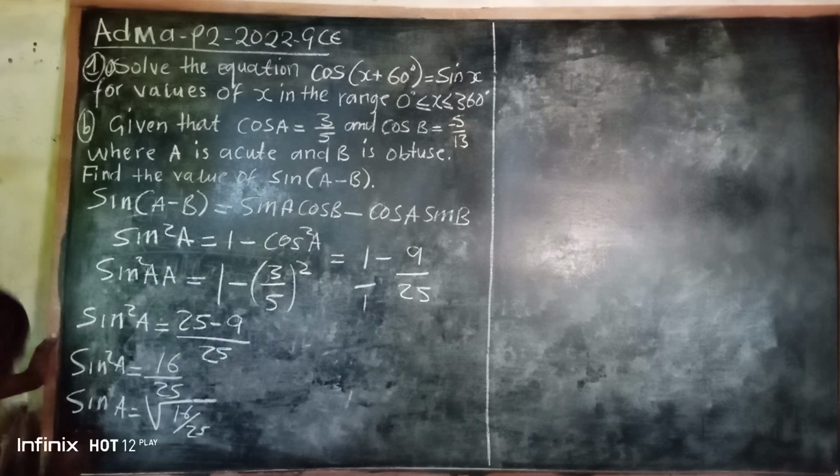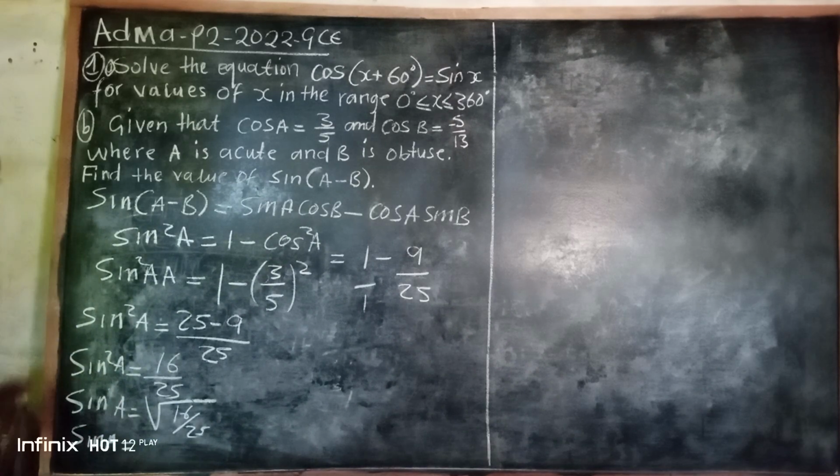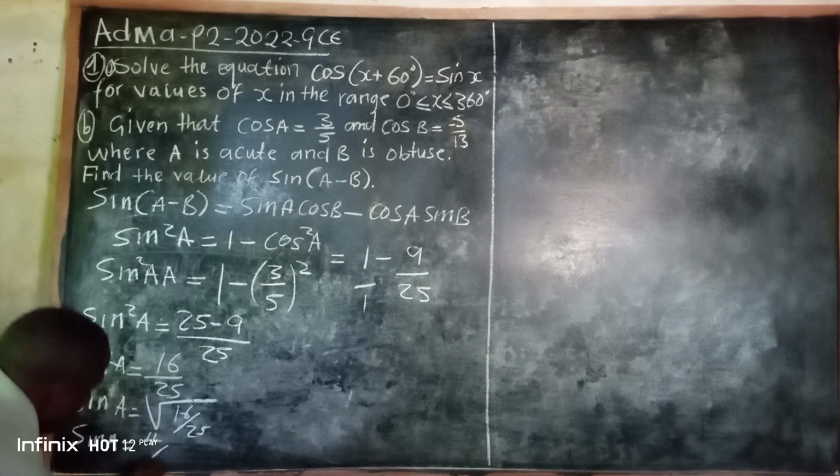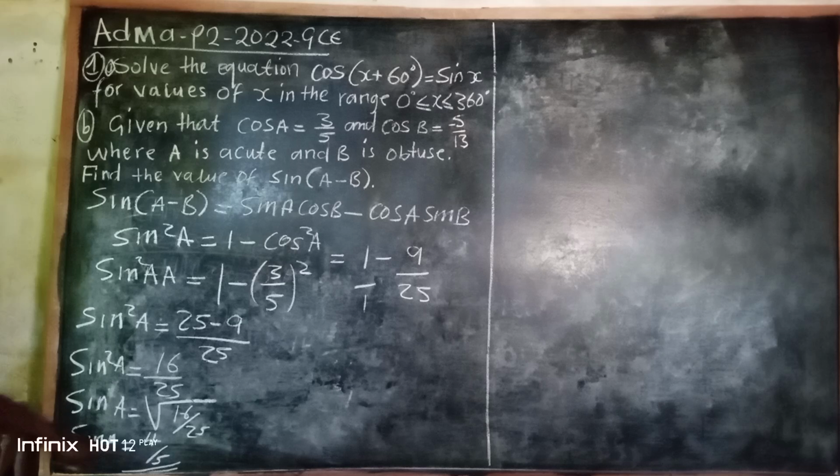Then the root of 16 is 4 over the root of 25 is 5. Okay, so sine A is equal to 4 over 5.